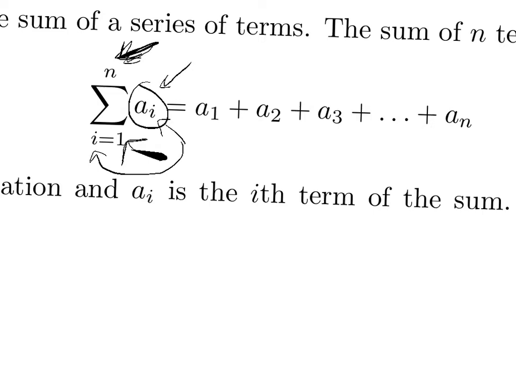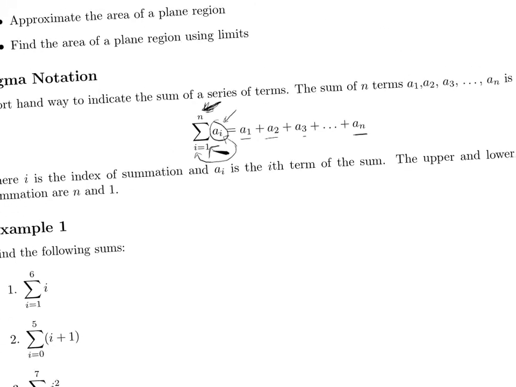So in this case, we would start with a_1, a_2, a_3, a_4, a_5, a_6, a_7, a_8, all the way up to a_n, but we don't actually know what n is yet, so we just use the dot, dot, dot. That's the general idea for sigma notation.